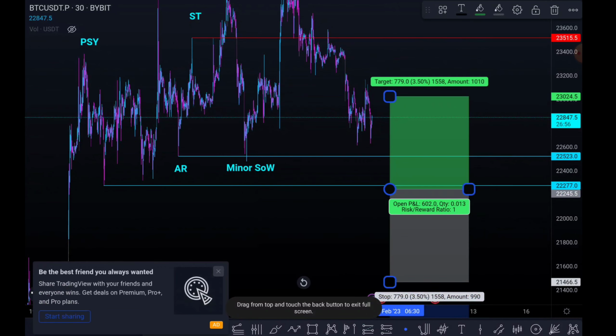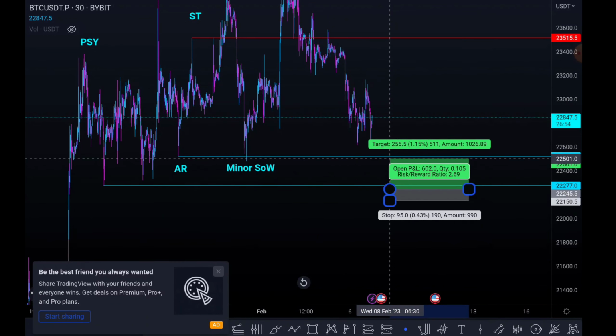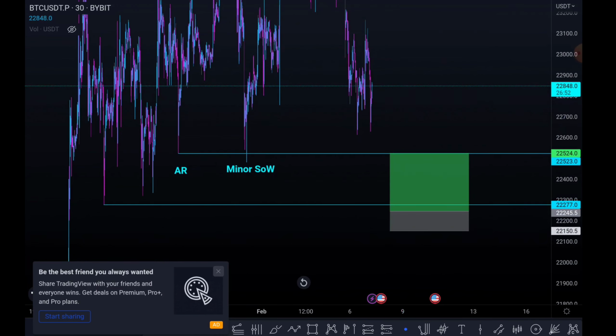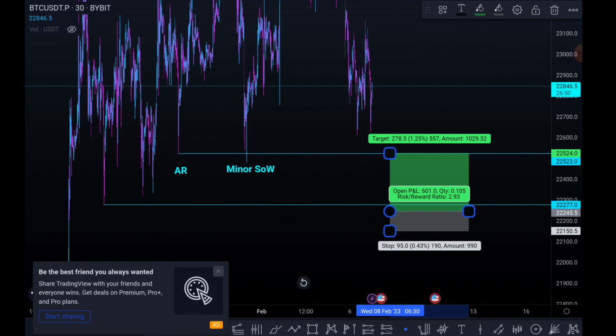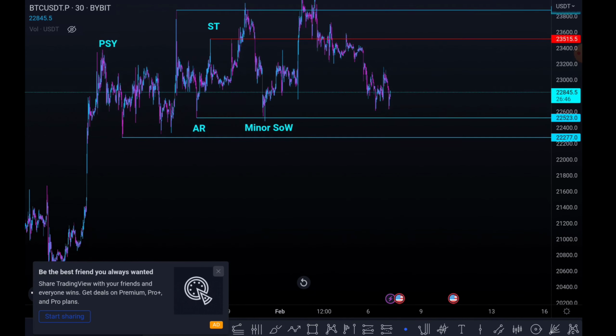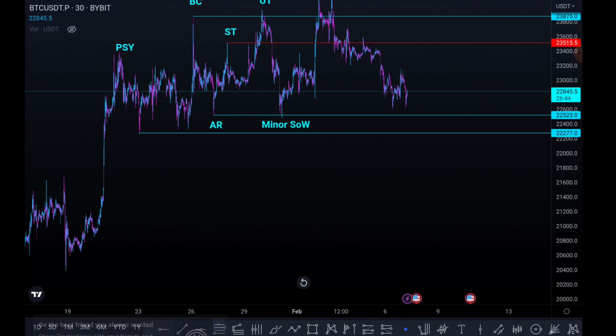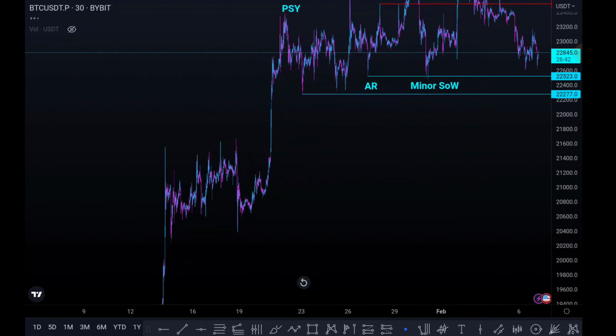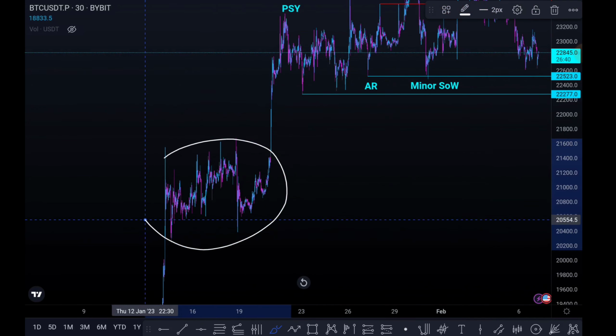So a quick liquidity grab and a small 2 to 3 hour trade. Yeah, so I'm looking for this. If I get stopped out, I get stopped out. So yeah, there's no other trade for me. The next level is here in this area.